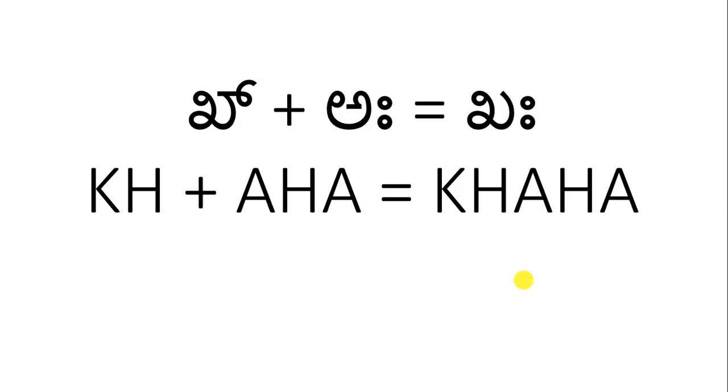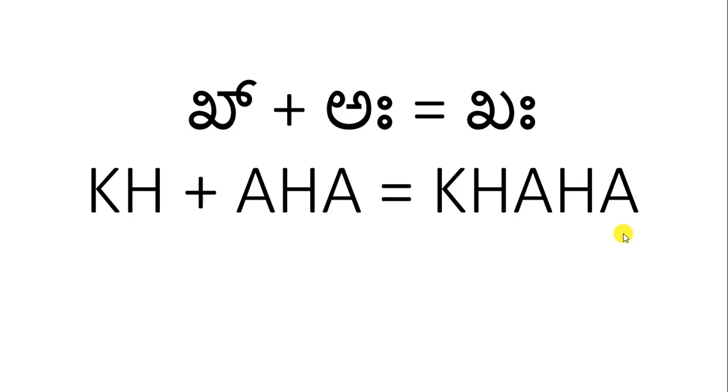The last one is Khaha. Khaha. And the way we get this sound is by adding a ha to k. K plus a ha is Khaha. Okay, Khaha. There is no English equivalent.